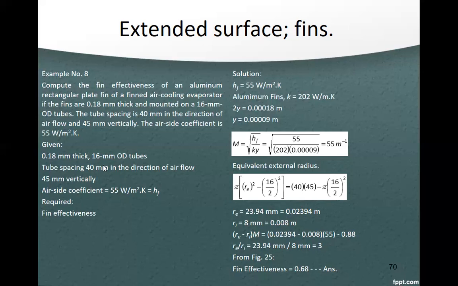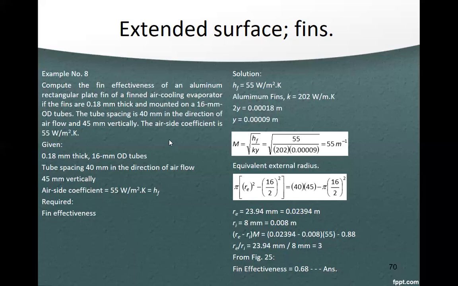Okay? OD. Yan. So, this is now r_b equal to 23.94 mm or 0.02394 meter. r_i is 8 mm or 0.008 meter. Then (r_e minus r_i) times m is equal to (0.02394 minus 0.008) times 55, equal to 0.88.